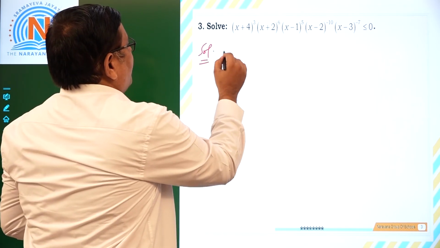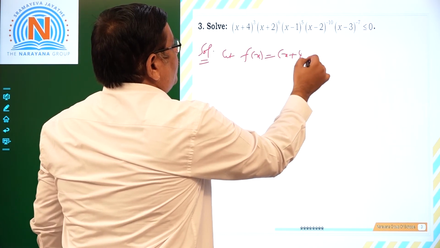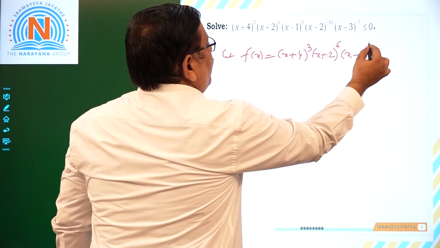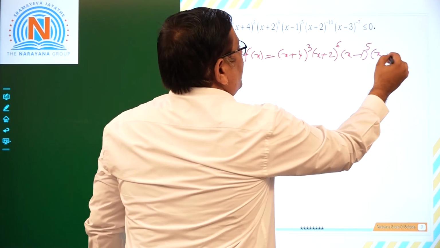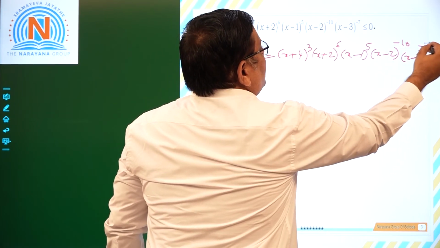Let us take it as f of x. That f of x is equal to (x plus 4) whole cube into (x plus 2) whole power 6 into (x minus 1) whole power 5 into (x minus 2) whole power minus 10 into (x minus 3) whole power minus 7.